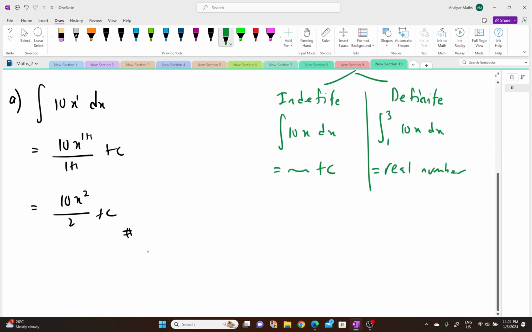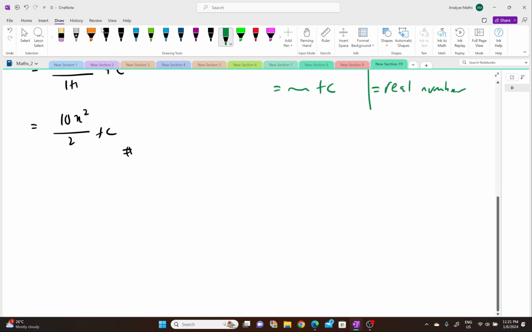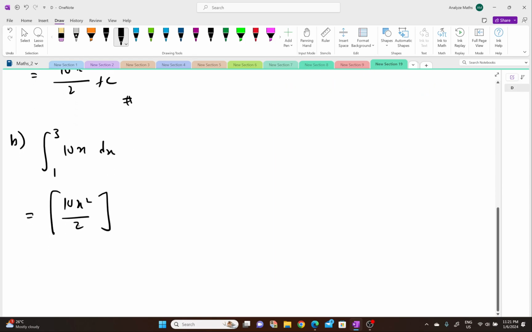Definite integration is like this. For example, I'm taking the same function here. I put a number here, 3 and 2. You do like a normal thing, but for definite integration you put a bracket here, put 3 and 2 here, and replace the 3 inside here.